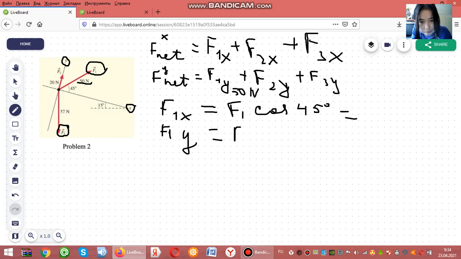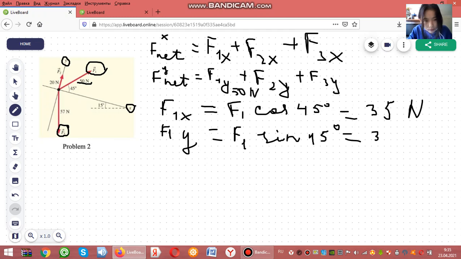So it will be like vice versa, F1 sinus 45 degree. So let me quickly calculate this for x and y. Okay, they are all same. 35 Newton and also 35 Newton.